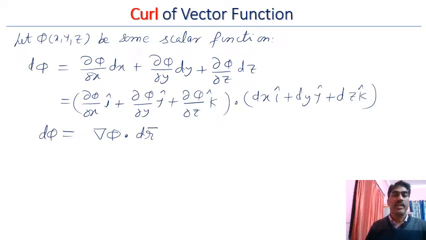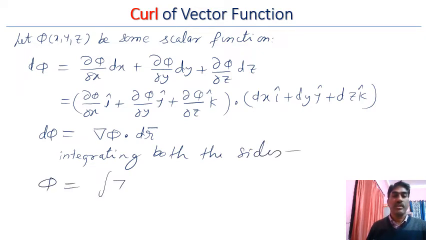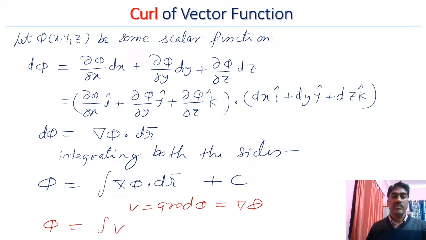So if we integrate d phi we can get phi. Integrating both the sides, we get phi is equal to the integral of grad phi dot dr plus a constant. But if v is an irrotational vector and v is equal to grad phi, we can write this as the integral of v dot dr plus c.